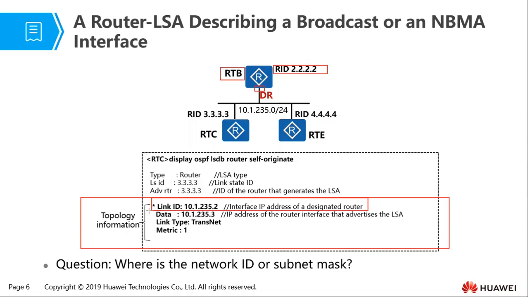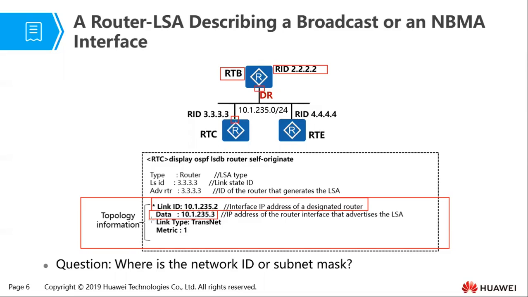Okay, then we have the data. Now the data is the IP address of the router interface that has originated this particular LSA. So this particular interface here.